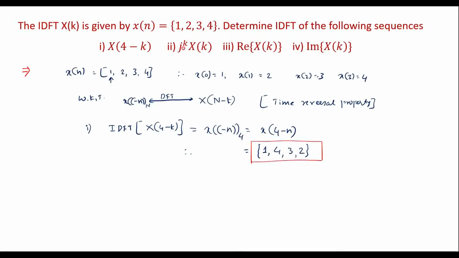The IDFT of j power k x of k. I will represent this j power k x of k as e power j pi by 2 into k x of k, because we know that e power j pi by 2 is nothing but cos pi by 2 plus j sin pi by 2.